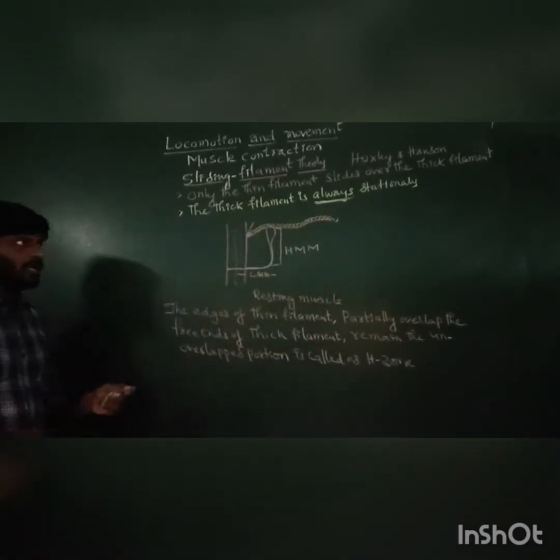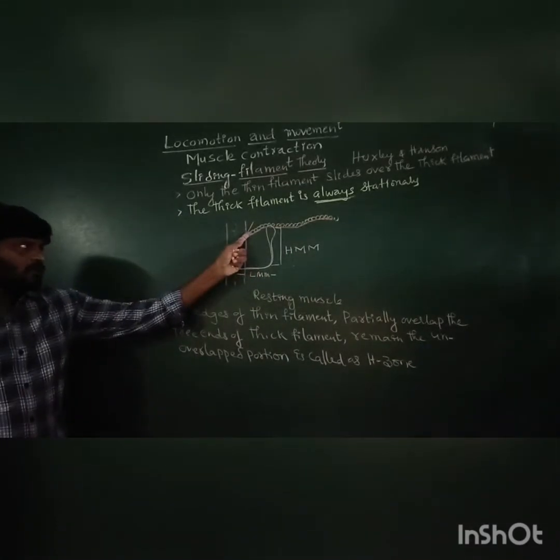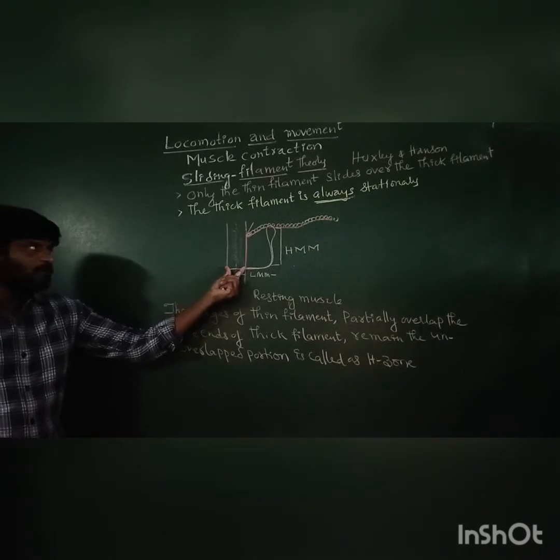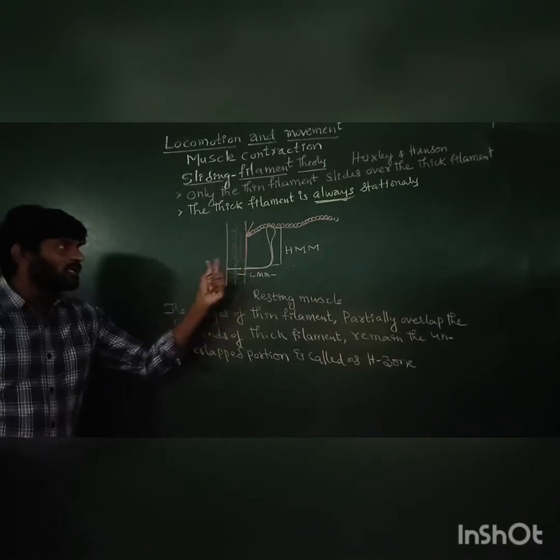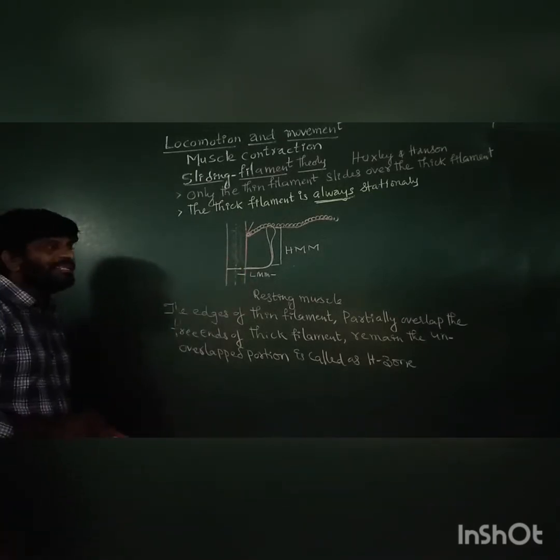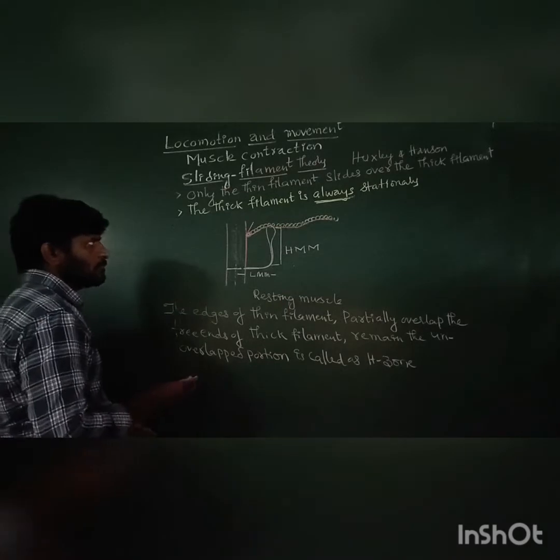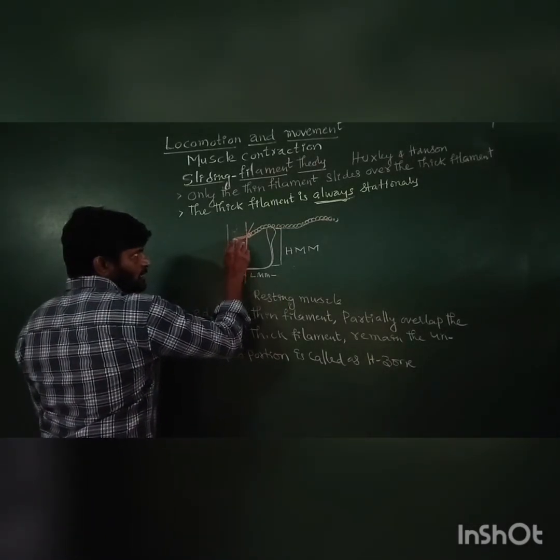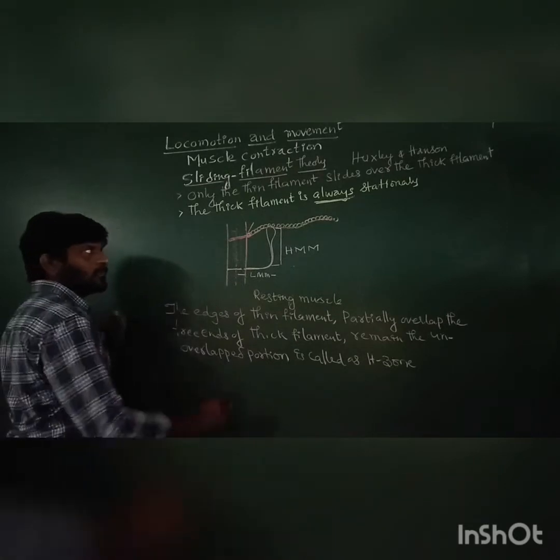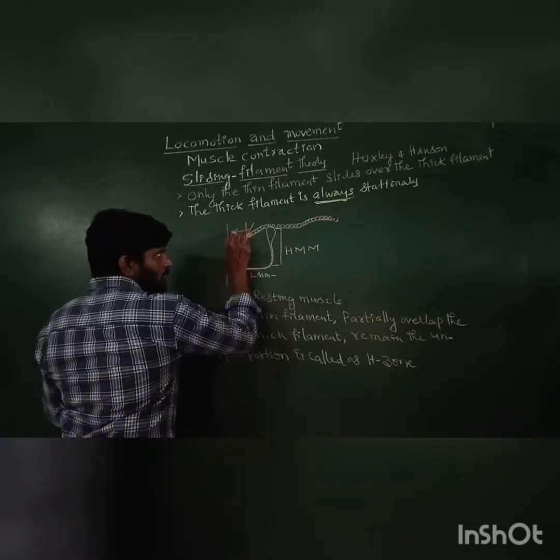I repeat again. The edges of the thin filament partially overlap the free ends of the thick filament. The remaining unoverlapped portion of the A band is called the H zone. But during muscle contraction, the thin filaments enter the H zone because they slide over the thick filament.